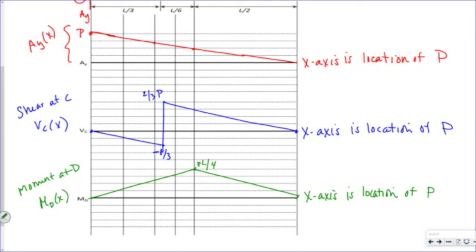So again, the x is where I put my concentrated force, and the y-axis is the effect of the location of my force on a specific thing that I'm looking at.